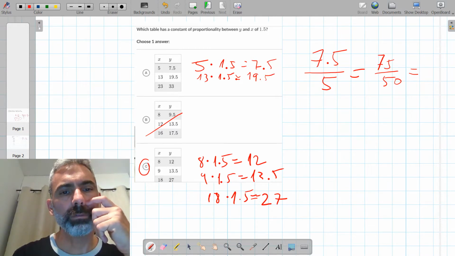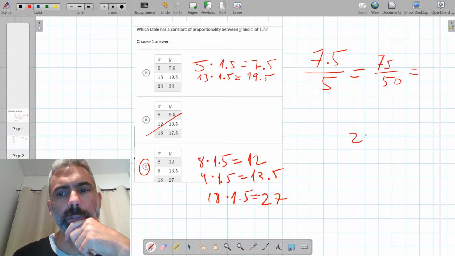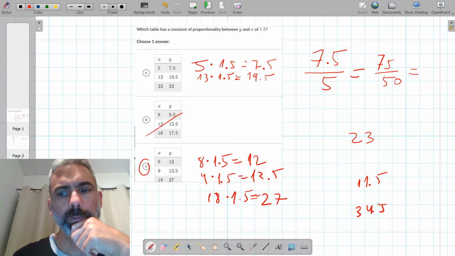But 23, 1/2 of 23 is 11.5. So 23 plus 11.5 brings me to 34.5.